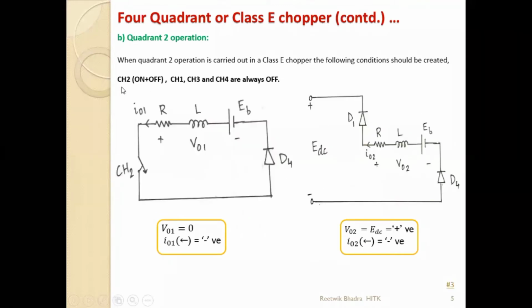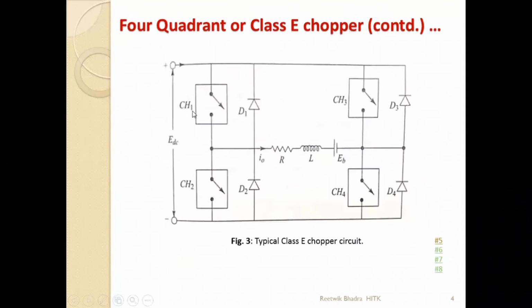Quadrant 2 operation, CH2 is operated, on plus off. Remaining switches I'm not coming into it, we'll come to it later. I'll show you how to remember this also. But whenever we are operating in one quadrant, whichever quadrant you are operating, that switch should be operated, that is on plus off. That's why naming of this switch is very important.